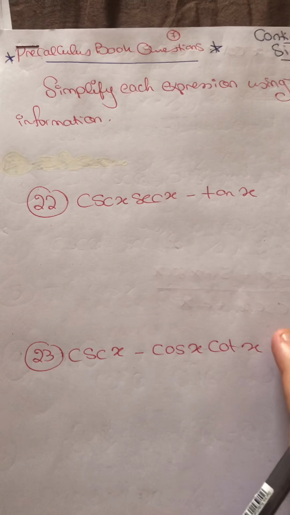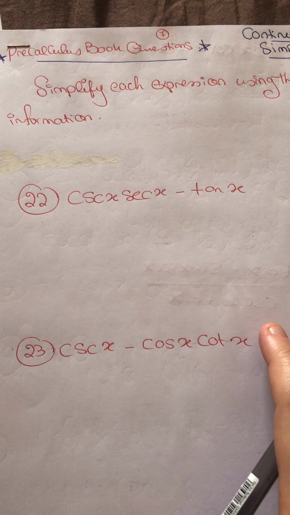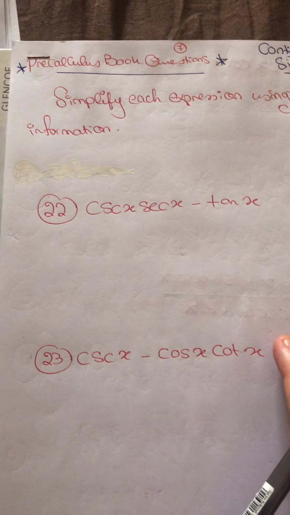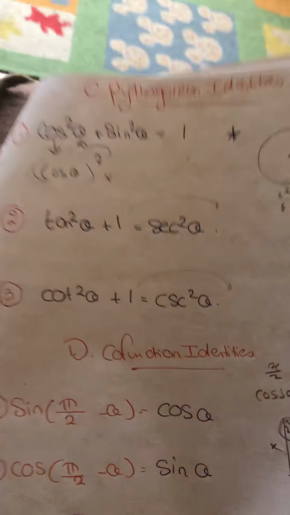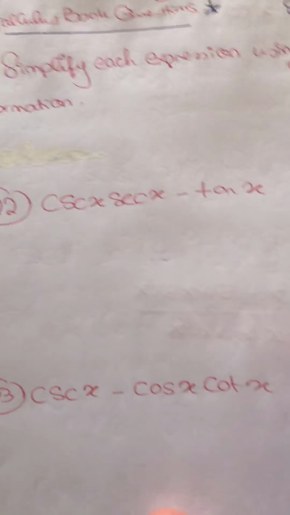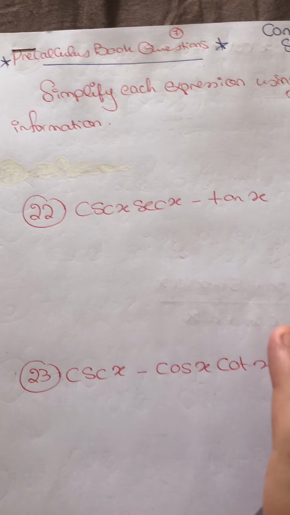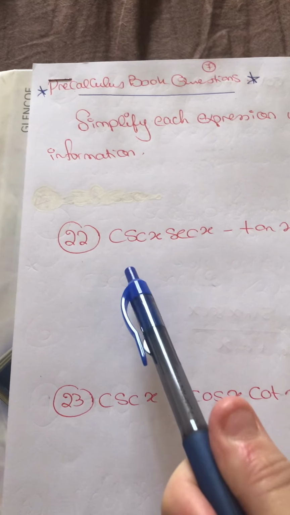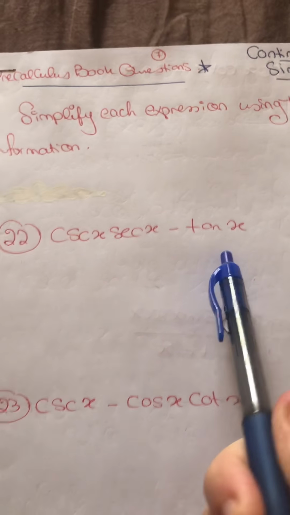Anyways, remember we were doing identities: quotient identities, reciprocal identities, the very lovely Pythagorean identities, co-function identities, and even and odd identities. Now, nobody's going to tell you, okay, here you have to use reciprocal or quotient.